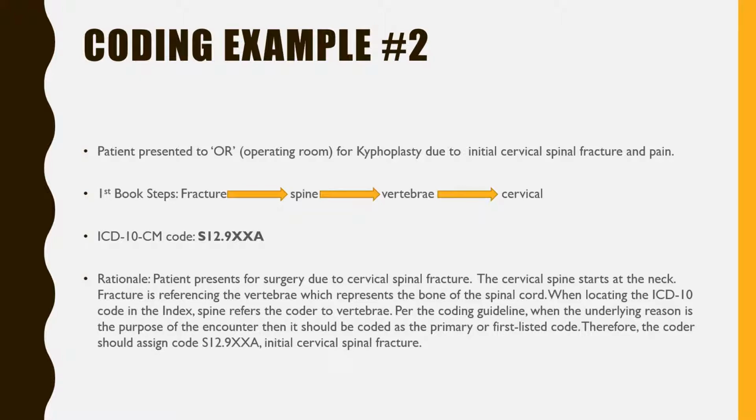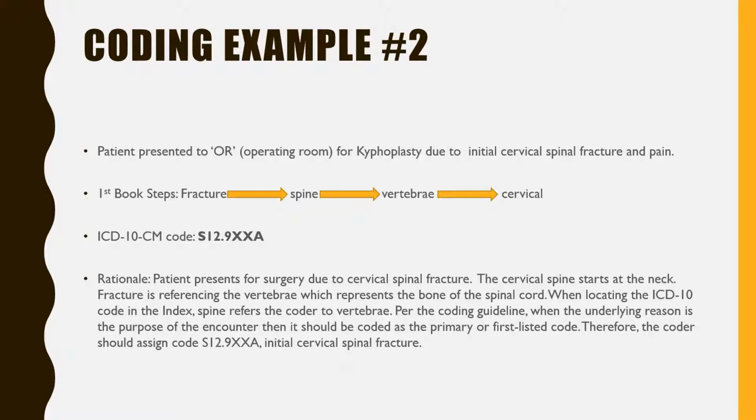In coding example number 2, our patient presented to the operating room for kyphoplasty due to initial cervical spinal fracture and pain. In our first book step, we're going to identify our main term, which is fracture. Once we identify fracture in the index, we're going to drill down to spine, because the patient presented with an initial cervical spinal fracture.